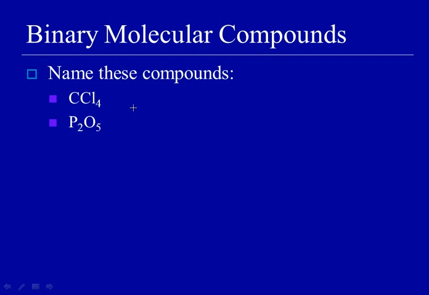These two elements are carbon and chlorine. The first element, carbon, there's only one, and so we're not going to put a prefix on that. So its first name is carbon. The second or last name of this compound has to come from chlorine, because Cl is the element chlorine. There are 4 of them, so we're going to use the prefix tetra.